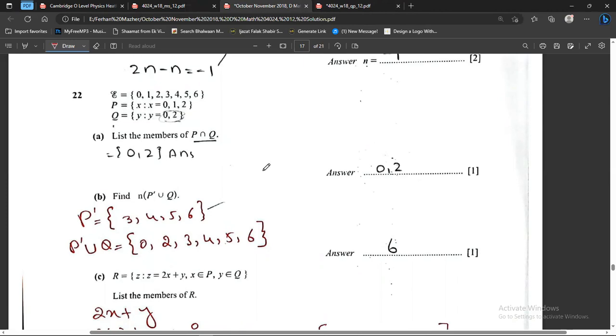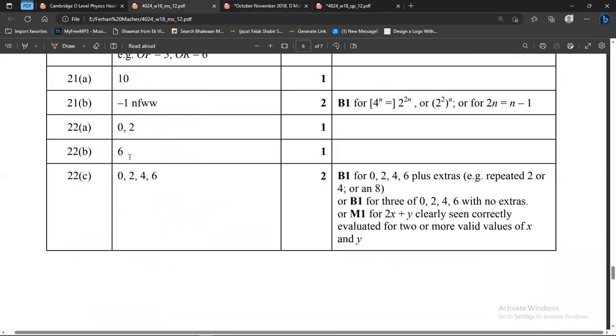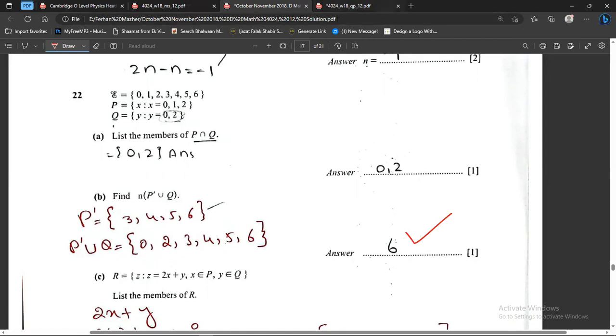Now P complement union Q means you take the P complement and the Q members and join them together but do not repeat any members. So it will be 0, 2, 3, 4, 5, 6. Small n means how many members are there? 1, 2, 3, 4, 5, 6. So there are 6 members. 6 is the right answer, sir.